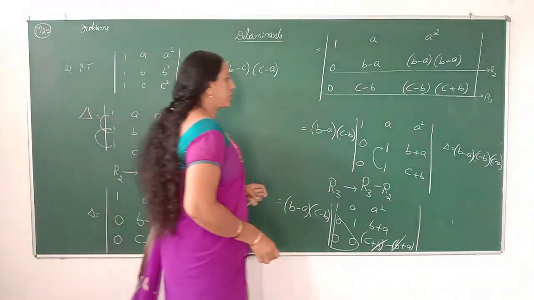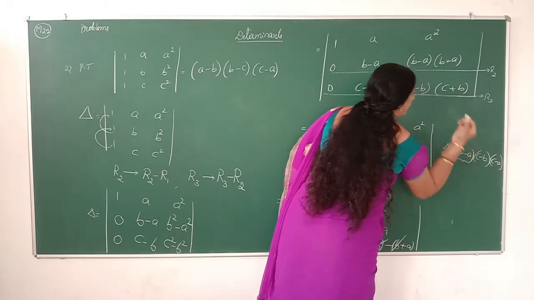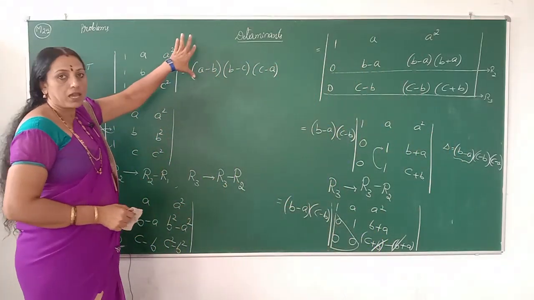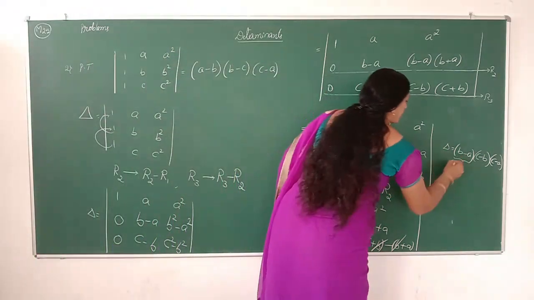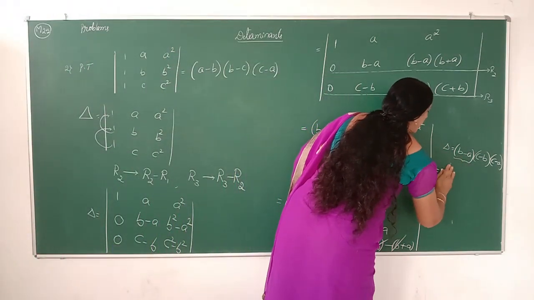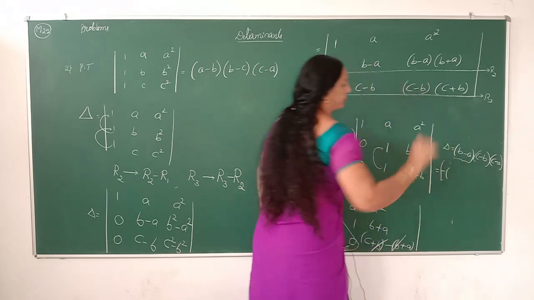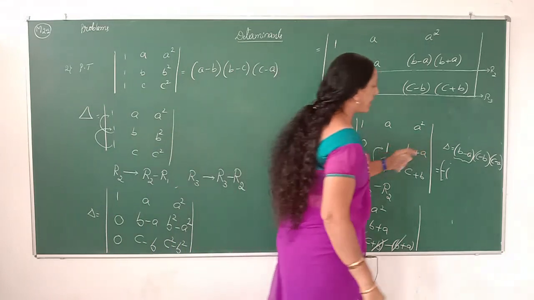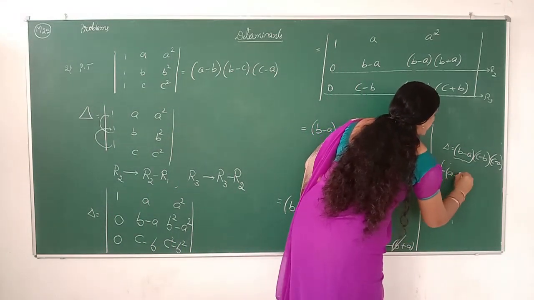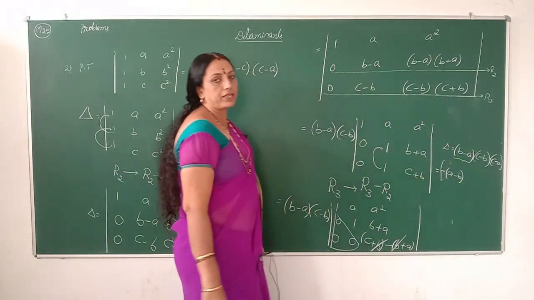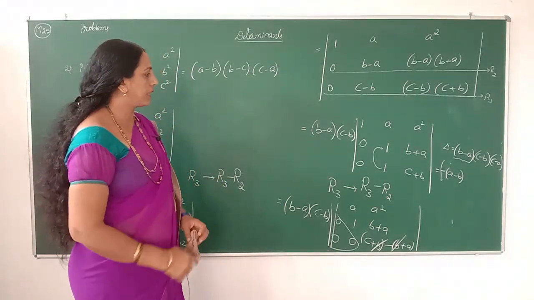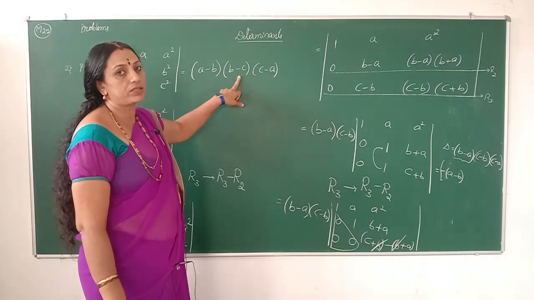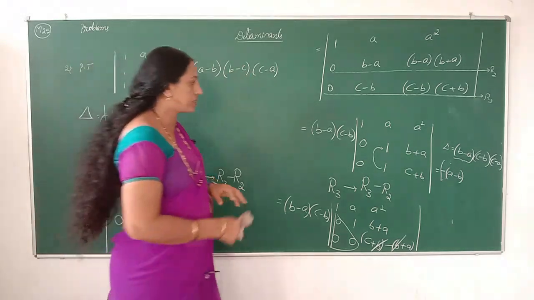So it can be changed in form. In the first group, we have b minus a, but in the given RHS it is a minus b. Therefore, we take minus 1 as a common factor: b minus a is minus of a minus b. Similarly, the next pair is c minus b, but in the RHS it is b minus c.